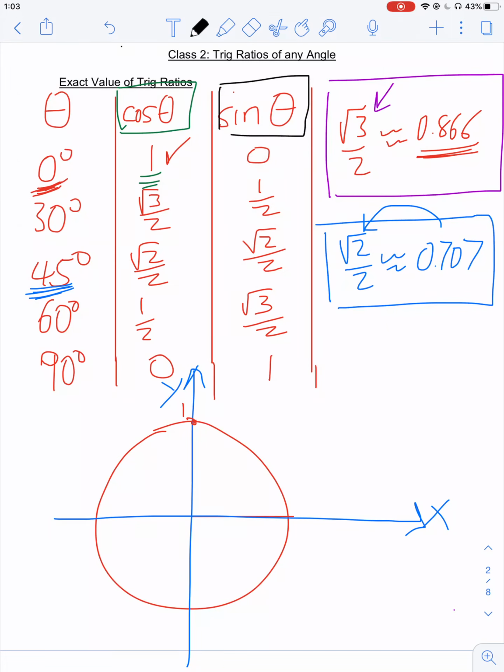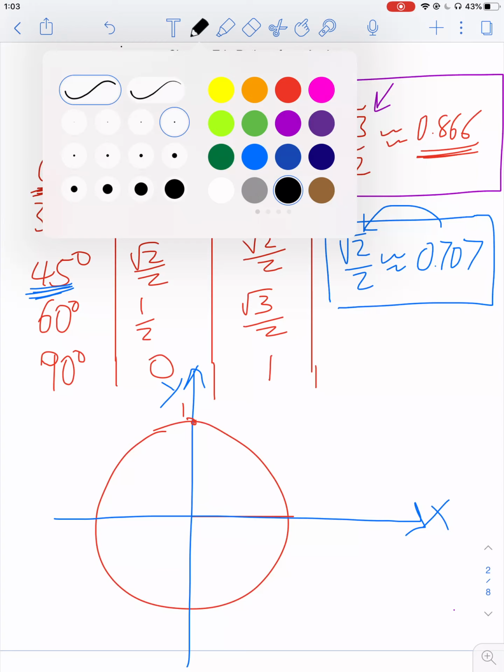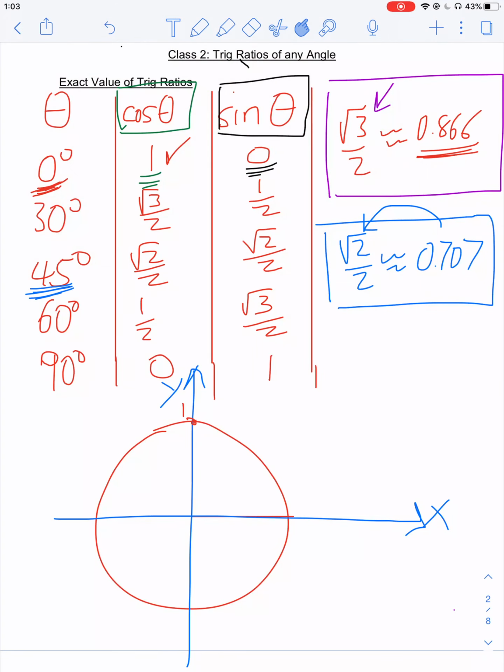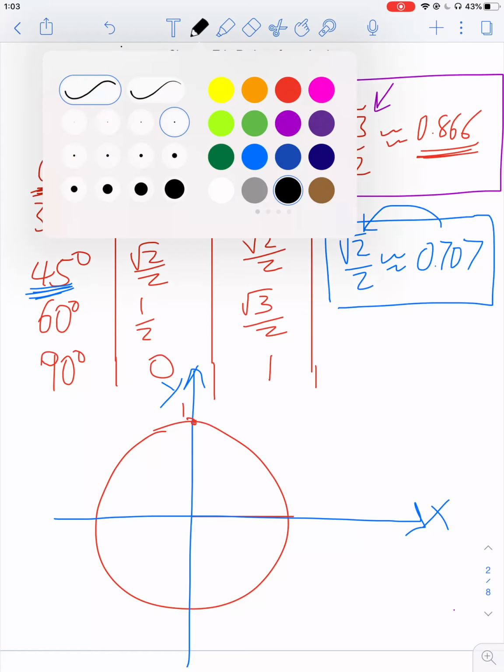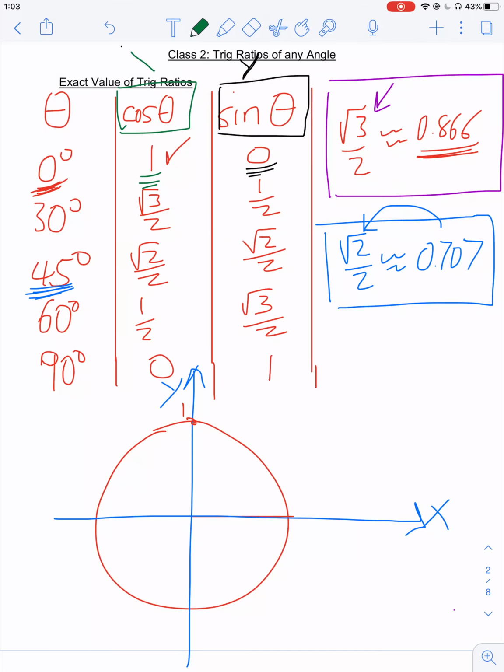Why is that? The reason, and this is important, is that I want you to think of sine theta as your y coordinate. And cos theta is your x coordinate. That's how you get these values.